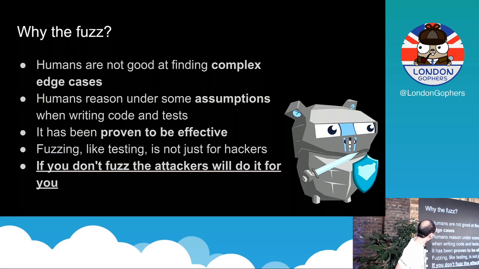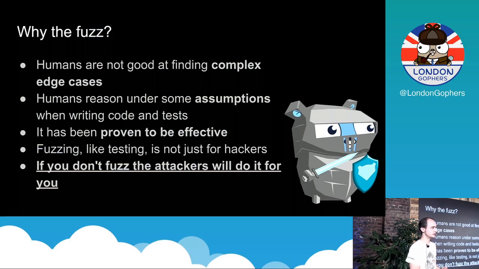And one more reason to use random testing or fuzzing, which are slightly different, is that they're proven to be effective. And one thing that really bothers me is that people think that fuzzing is just an advanced, complicated tool for hackers to use, which to me sounds really weird, because I've always seen fuzzing as just another way of testing.